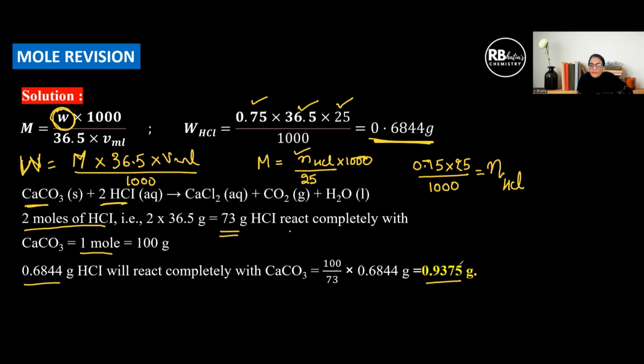You could have done it in terms of moles also: calculate the moles of HCl, and for every 2 moles you need 1 mole of calcium carbonate. So the number of moles of calcium carbonate is half of this quantity. So 0.75 into 25 upon 2 into 1000 will be the number of moles of calcium carbonate. Depending upon whether the answer is asked in mass or moles, you can use either of these methods.